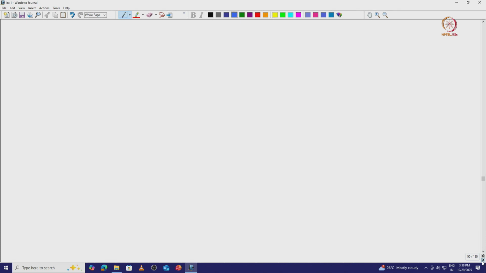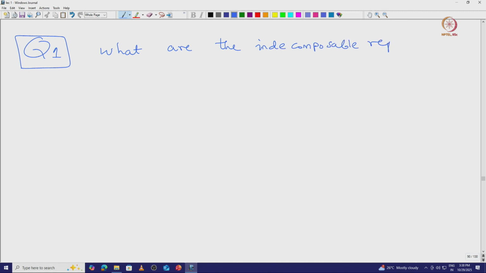So, this immediately raises the following questions. Okay. So, question 1 now will be, what are the indecomposable representations? Then question 2.